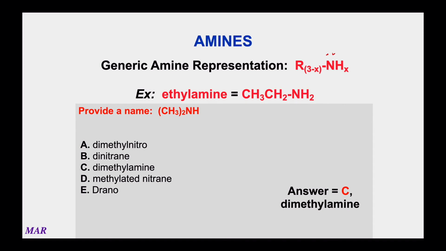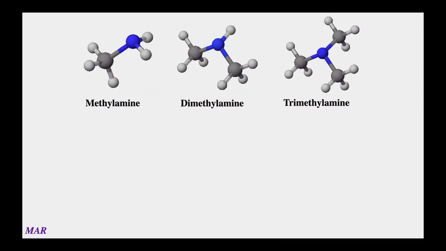And of course, you could have trimethylamine, which would be 3 methyls and no hydrogens. If you have all hydrogens, that's ammonia, NH3, which is the simplest one. The other answer, methylated nitrane, doesn't make any sense, and Drano is essentially sodium hydroxide. That doesn't count either. So here's the methylamine, dimethylamine, and trimethylamine list of families.